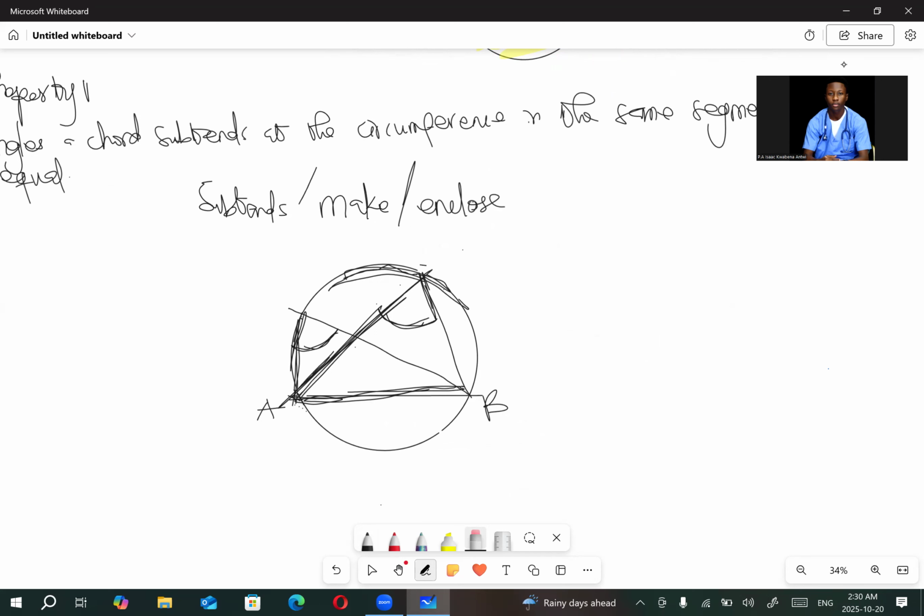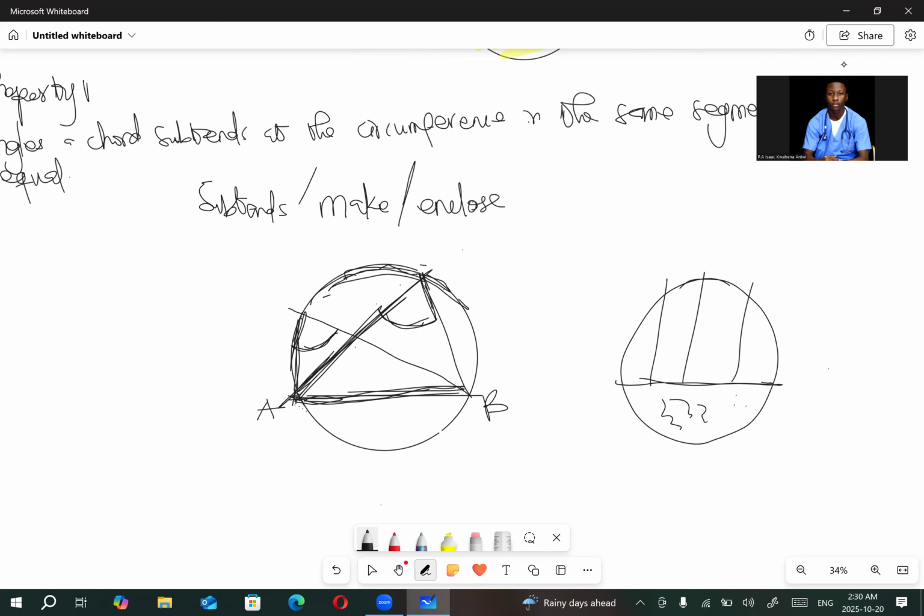So the moment you have a chord producing several angles on the circumference, and I've shown you how the angle is produced at one place. When I say at one place, whenever you draw the circle, the chord divides the circle into two parts. This one part, and this another part.